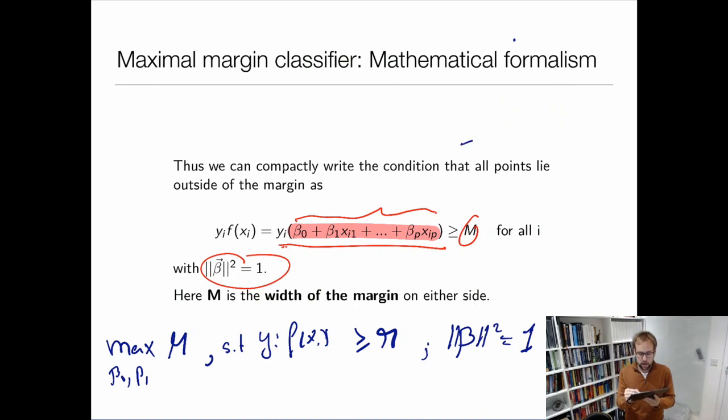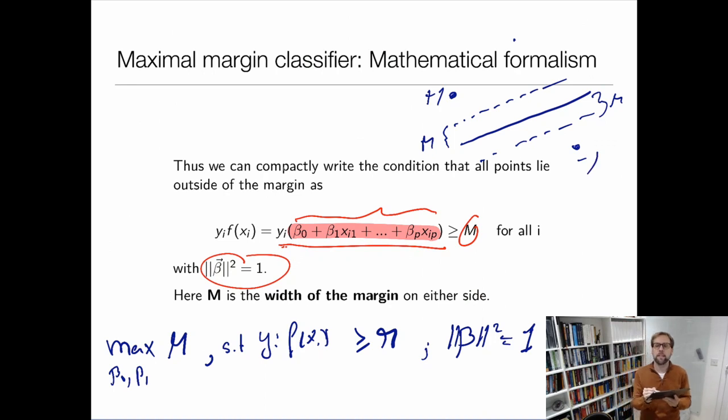So I have my hyperplane, I have this margin here. This distance here is m. This distance here is also m. And I'm saying any point of class +1 must be outside of this margin on this side, and any point with class -1 must be outside of the margin on the other side here.